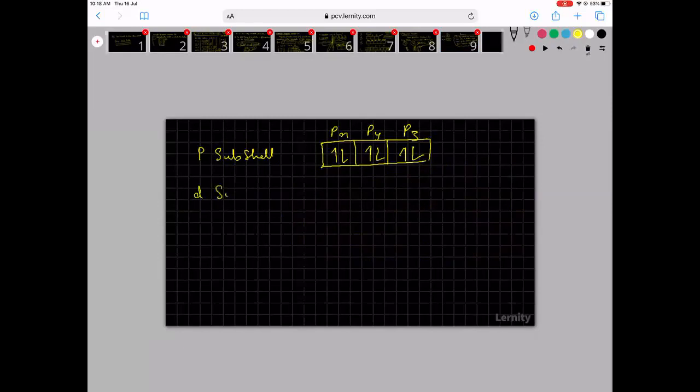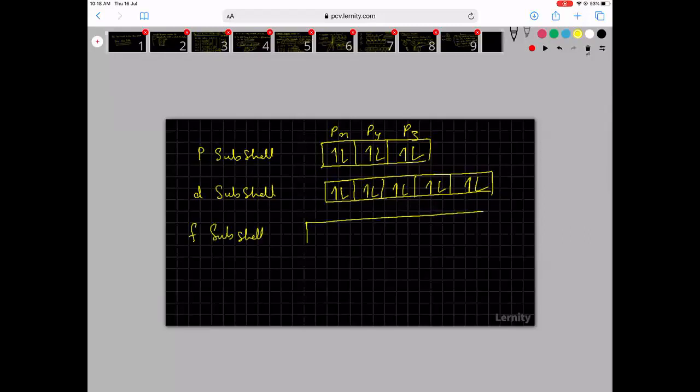In the D subshell, you have 5, so you have 2 here, 2 here, 2 here, 2 here, 2 here. In the F, you have 7 compartments, 2 in each.